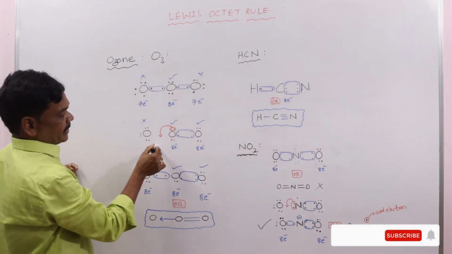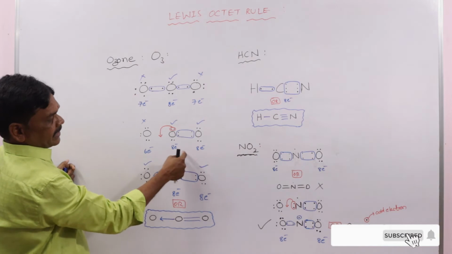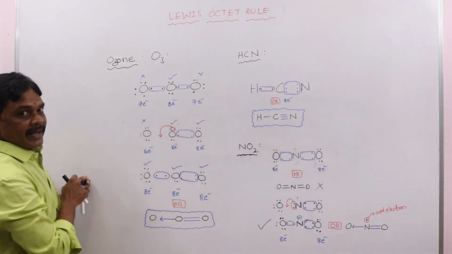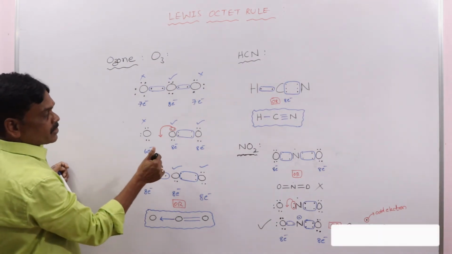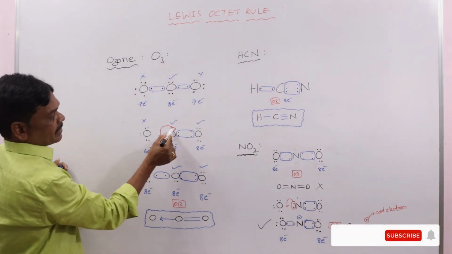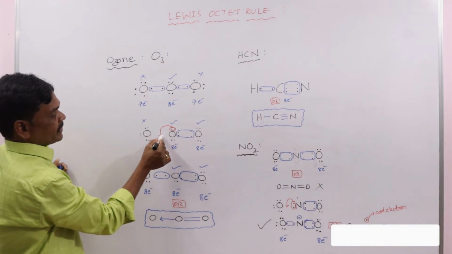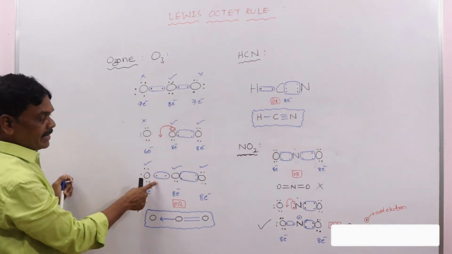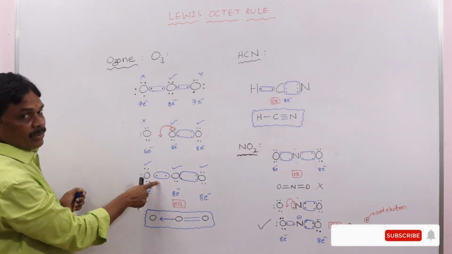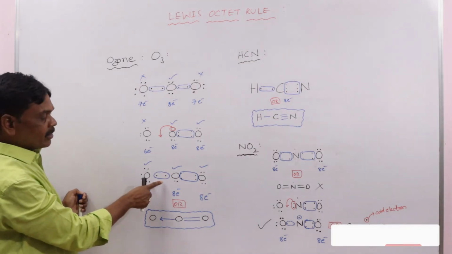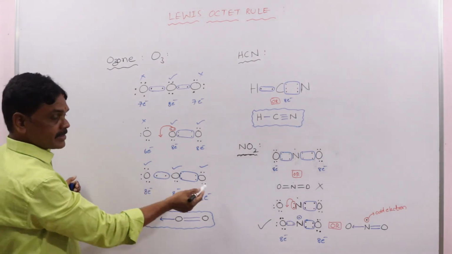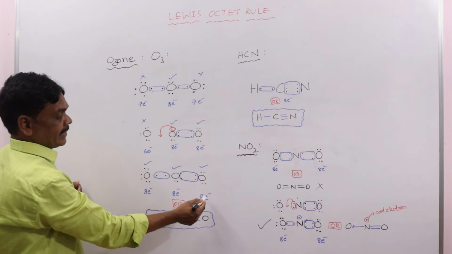In the second structure, these two oxygens are getting 8 electrons, but this corner oxygen is not getting 8 electrons. So one electron pair of the second oxygen atom is shared between this oxygen and this oxygen. Here we get a coordinate covalent bond, so that all oxygen atoms are now getting 8 electrons.